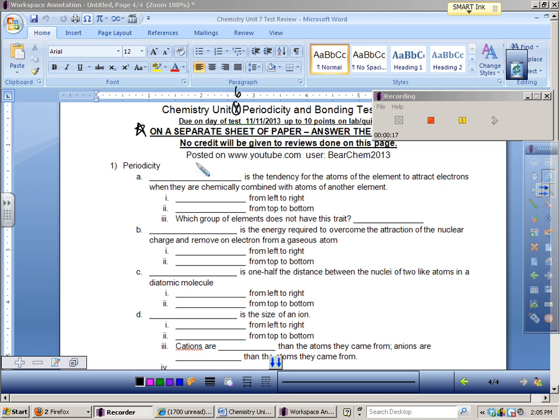Let's start with some definitions from our periodicity notes. The tendency for atoms of an element to attract electrons is going to be known as electronegativity. Another term you might hear for the same thing is electron affinity.